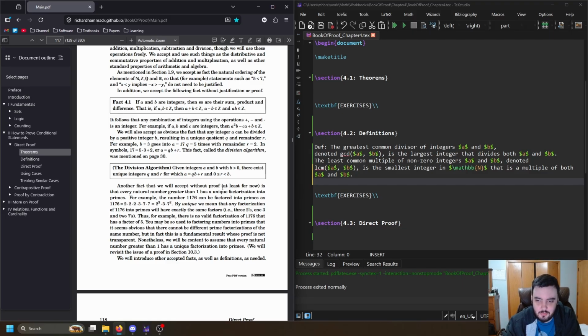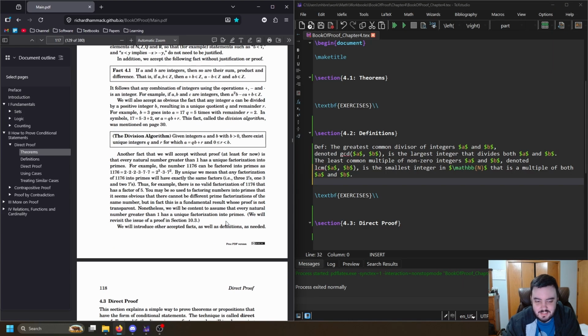Another fact that we will accept without proof, at least for now. That's funny, you'd think we'd see some proof. Well, I guess this is still in the definition section. Oh, this is also a different fact. Another fact that we will accept without proof, at least for now, is that every natural number greater than 1 has a unique factorization into primes.